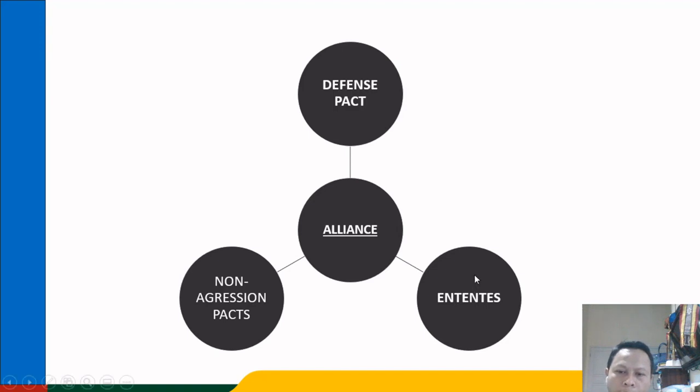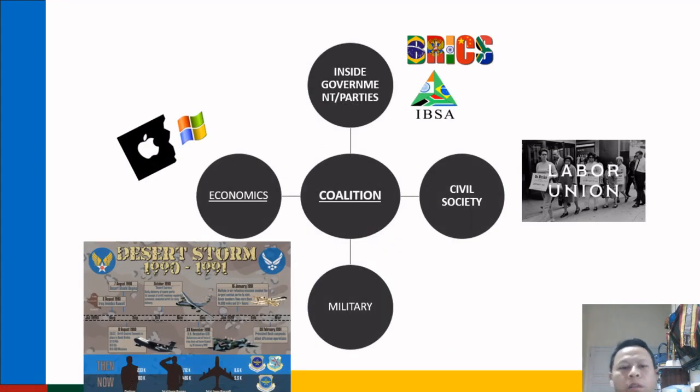And the entente is usually among one or two or three members, like the German-French entente, and entente basically comes from French words. So this is the typology of alliance.